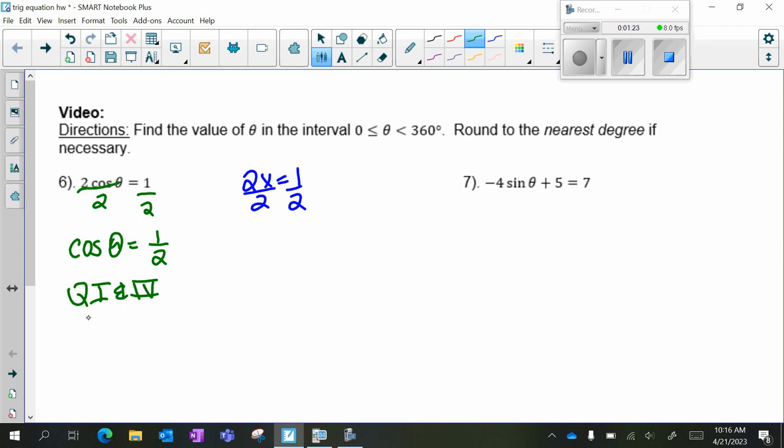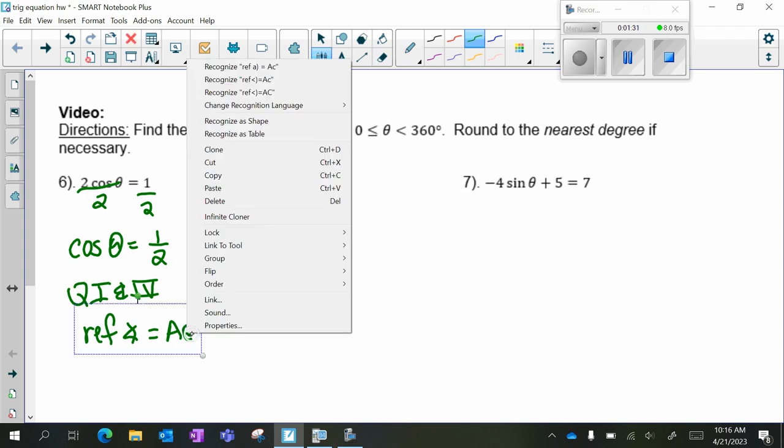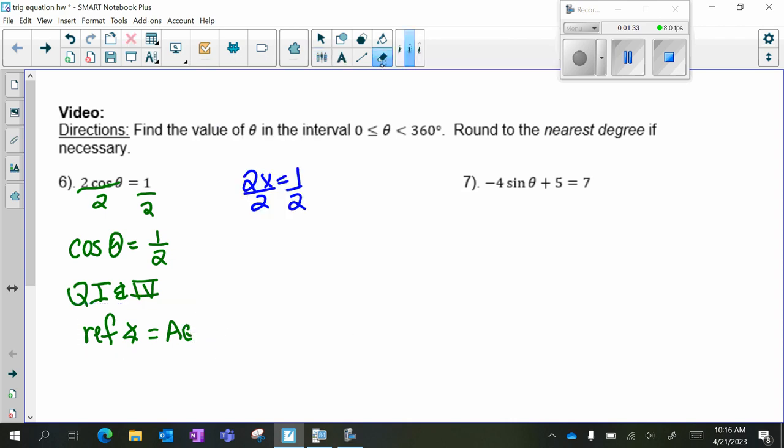So my reference angle is equal to arc cosine of 1/2. Or you ask yourself, where is cosine equal to 1/2? And hopefully you know that cosine is equal to 1/2 at pi over 3 or 60 degrees.